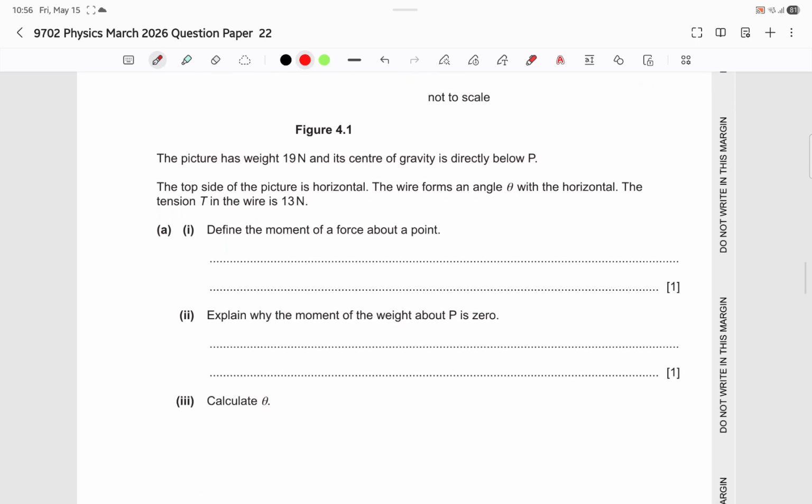It says define the moment of a force. That's easy. It's basically the product of force and perpendicular distance from the pivot. That is the definition.